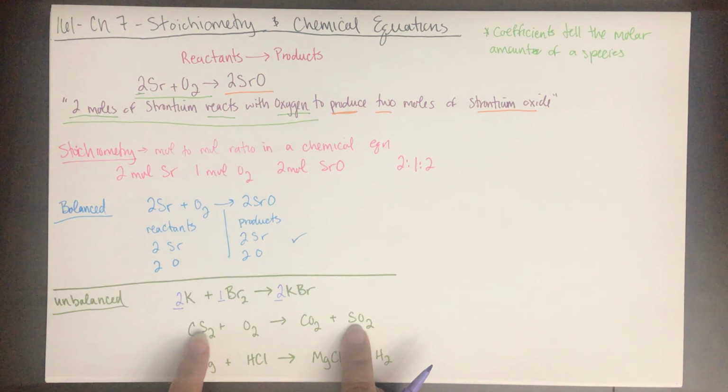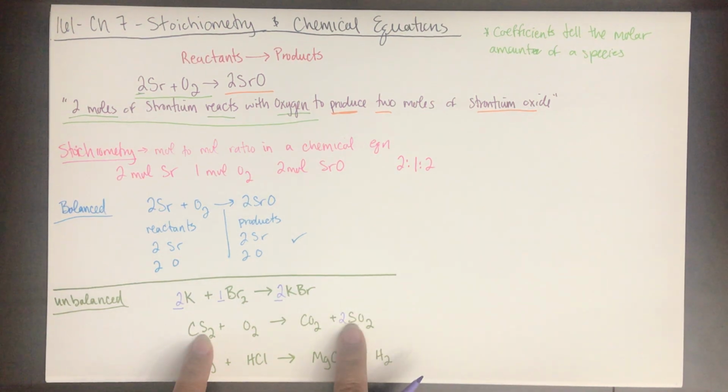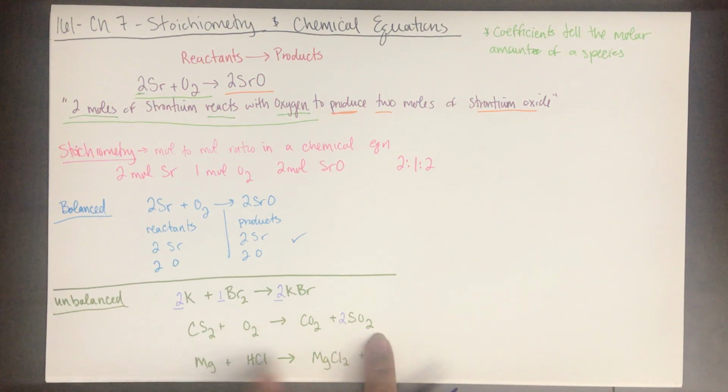So on this side, I have 2 sulfurs. On this side, I just have 1 sulfur. Remember, SO2 means there's 1 sulfur and 2 oxygens. So I need a 2 here. So now I've balanced the sulfurs. 2 sulfurs, 2 sulfurs. So now let's see what else. Now I've made myself 4 oxygens, but then there's 2 more.